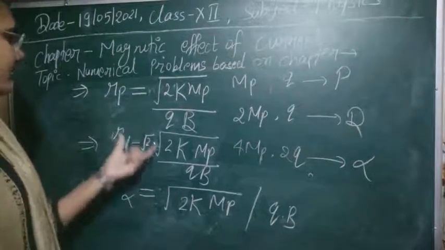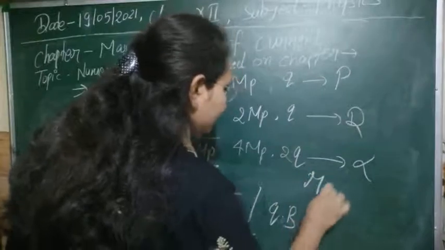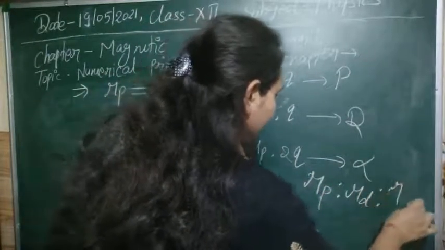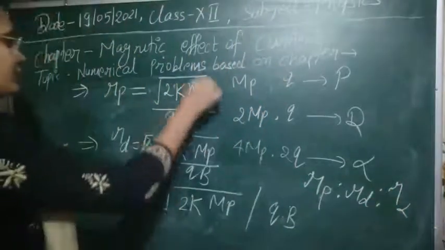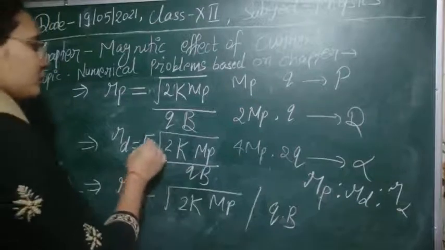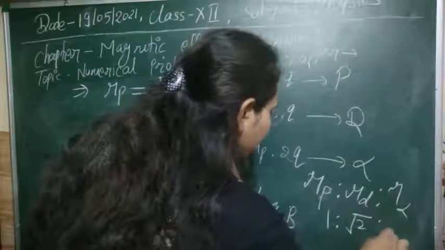Now let's take their ratio. If you compare Rp to Rd to R alpha, you will get this value, and this value is the same, but this value is root 2 times, which means we can write 1 is to root 2 is to 1.